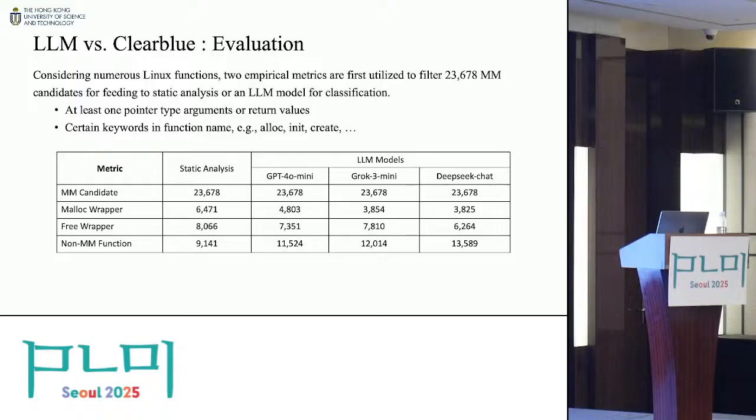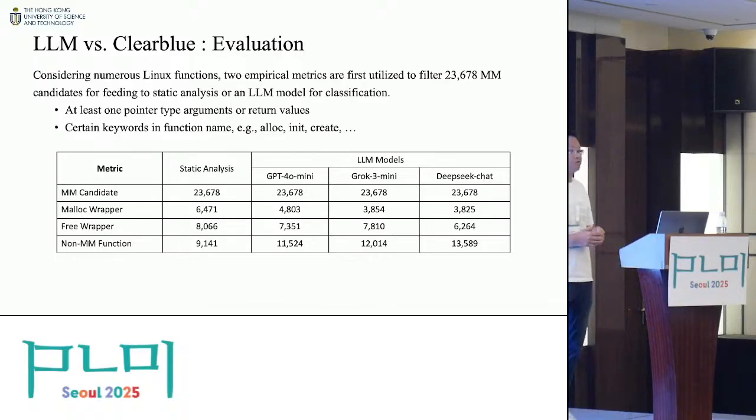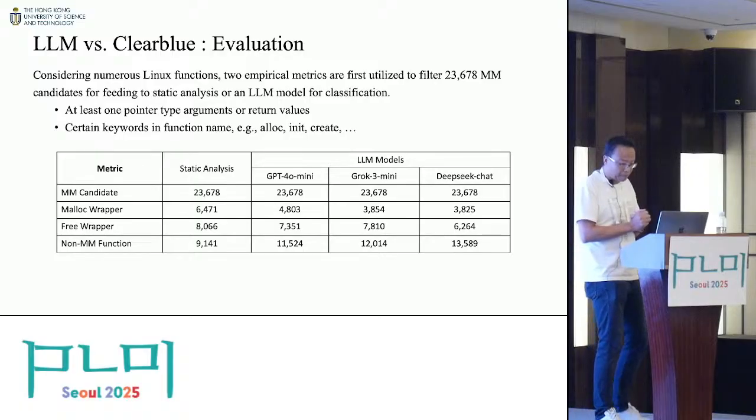But there's no oracle for the Linux kernel, right? But we try our best to filter out 20,000 wrappers. And inside the 20,000, we're going to see how many of the true wrappers can be picked out, because we have some oracles, some known facts. So that's the way that we compare.